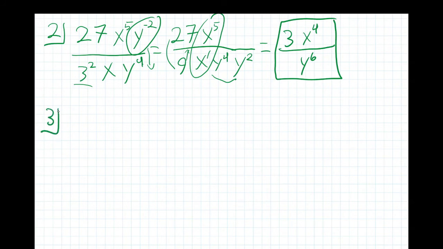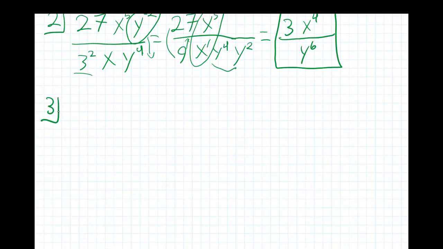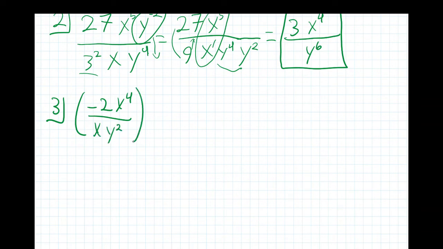So now, next up, we have number 3. And we have negative 2x to the fourth all over x, y to the second, all to the fourth power. So with this, the first thing I always suggest doing is simplify everything inside your parentheses.